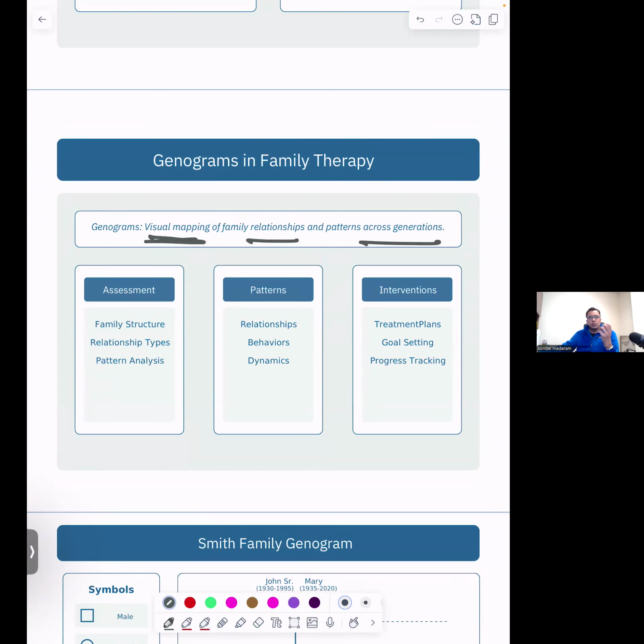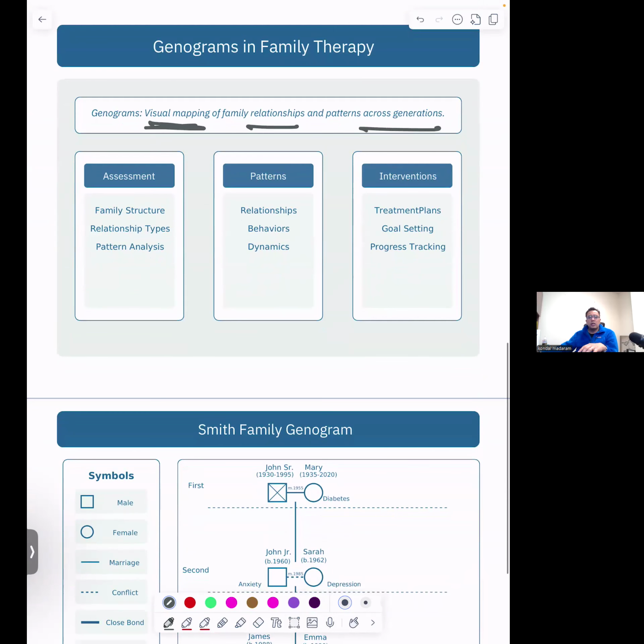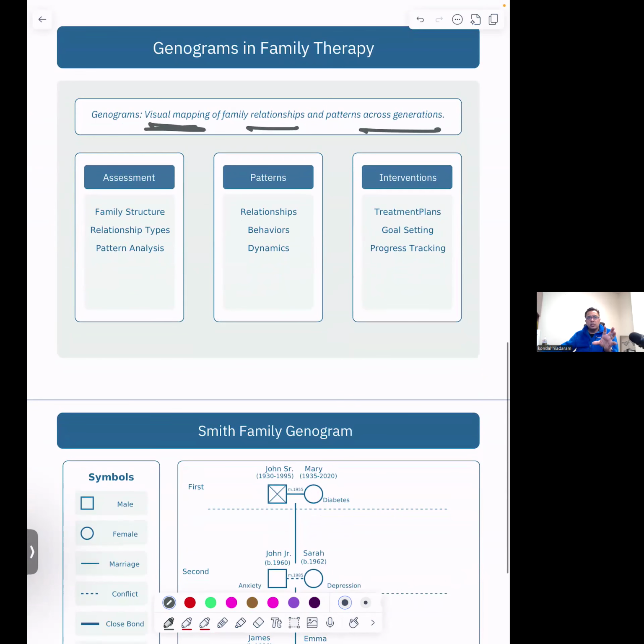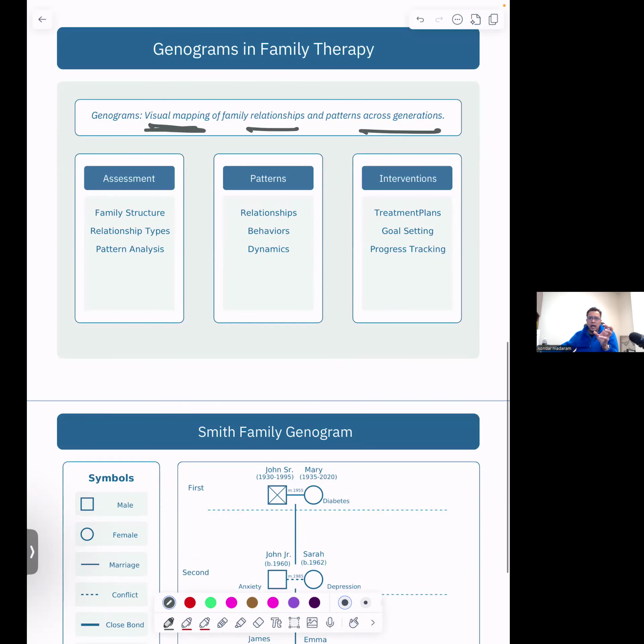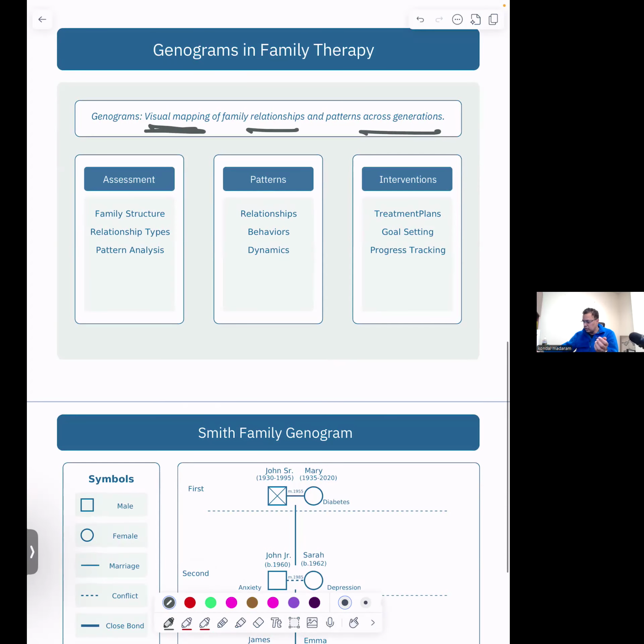Through genograms, therapists can analyze family structure, relationship types, and patterns, and they can see recurring relationship themes, behaviors, and dynamics, and pinpoint intergenerational issues or repetitive cycles. And then intervention can also be looked into.